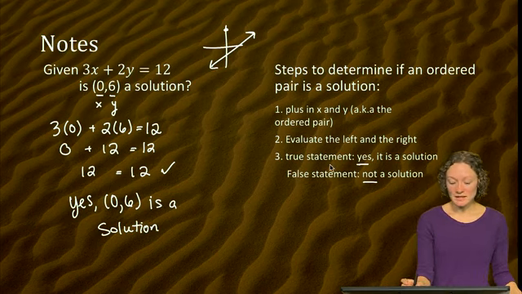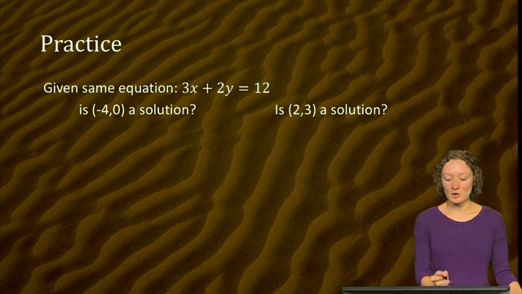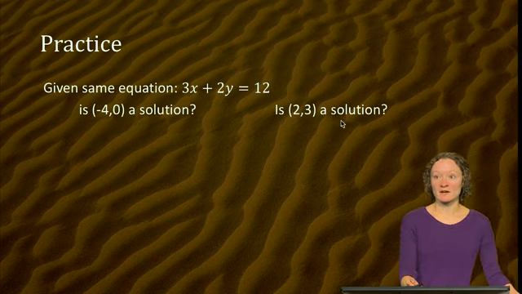We just evaluate if we get a true or a false statement. Okay, so that's the second objective. Let's go ahead and practice. So pause the video, go ahead and using this same given equation, evaluate if these two ordered pairs separately are points on this line, if they're solutions to this equation.